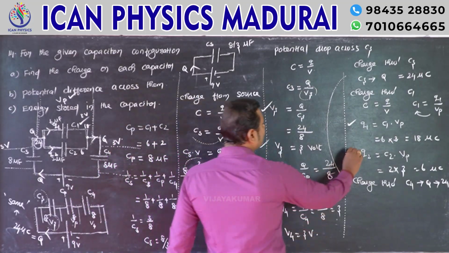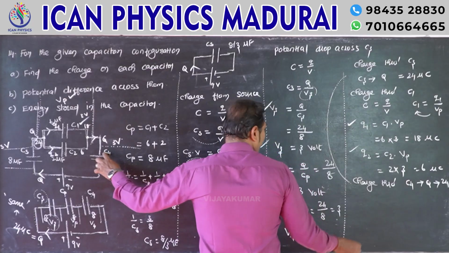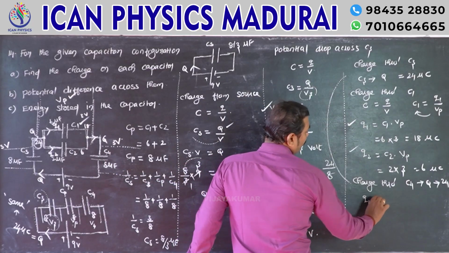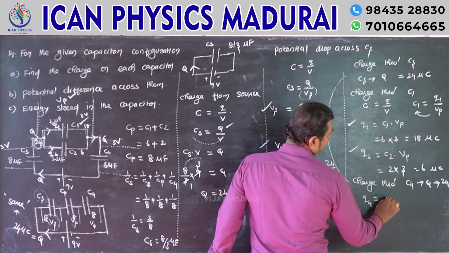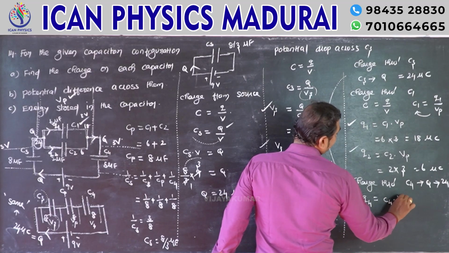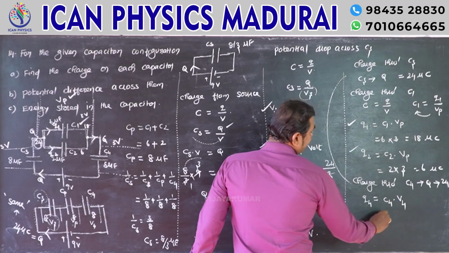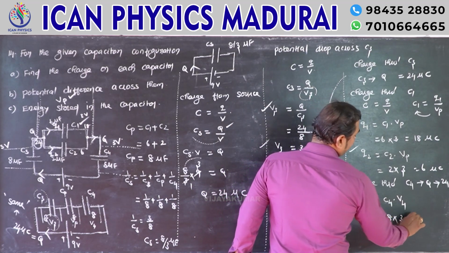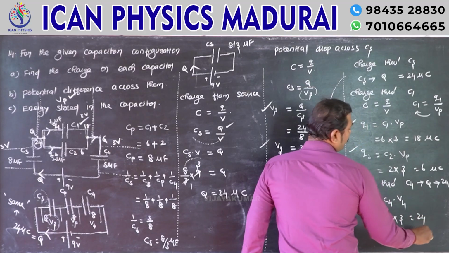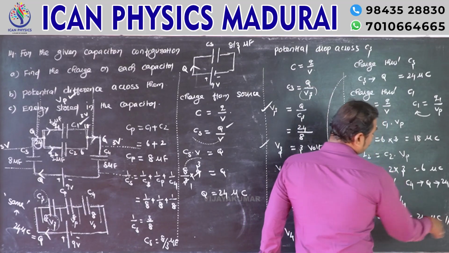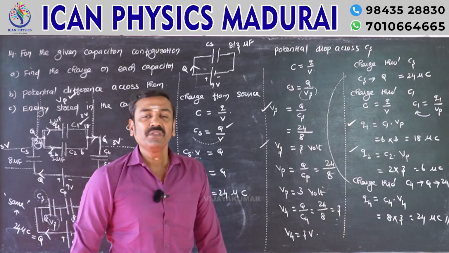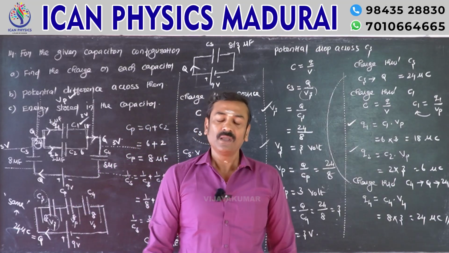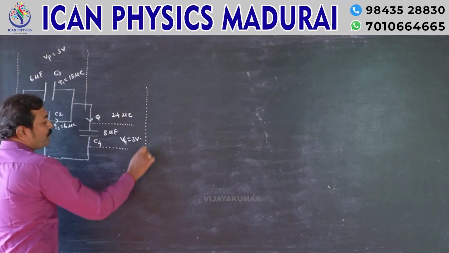Once again, we can calculate like this. Here we can go for Q4 equal to C4 into V4. C4 is 8, V4 is 3. 3 8s are 24 microcoulomb. So like that we can verify also. Okay, do you get it now? Do you have any doubts? No doubts. The next part.